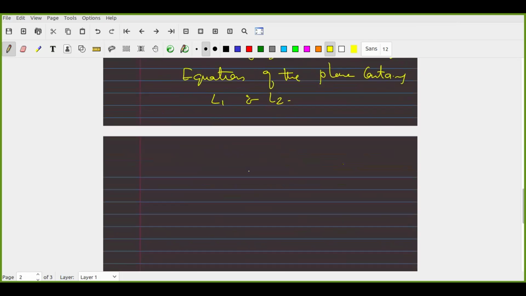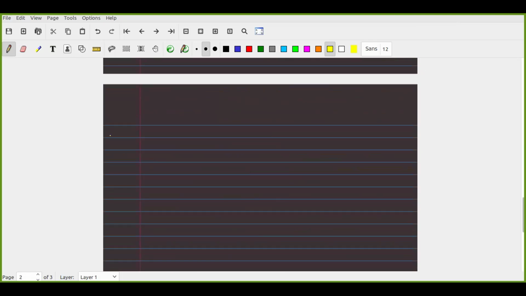Also, there's a very important aspect which I emphasized a lot in the class. That is, two lines are given, and we have to find the shortest distance between them. So we'll call P1 the point on the first line and P2 a point on the second line, such that the line joining P1, P2 is the shortest distance.